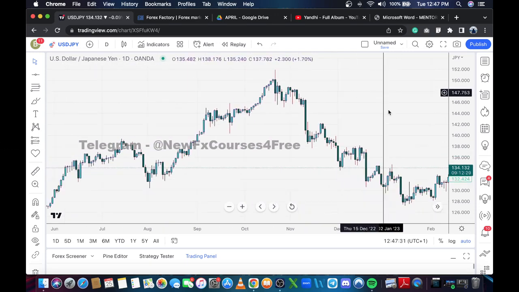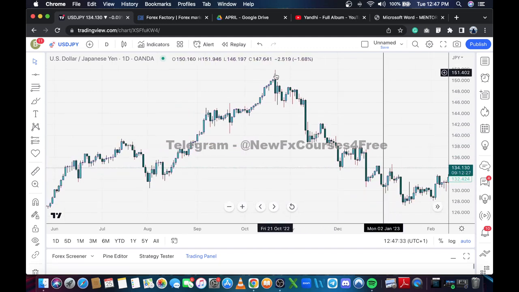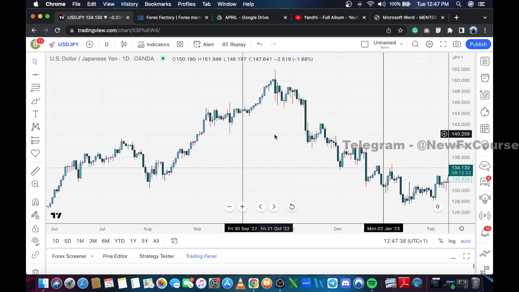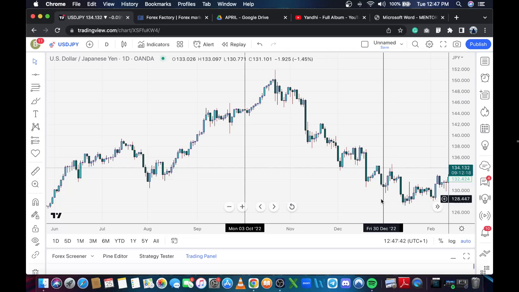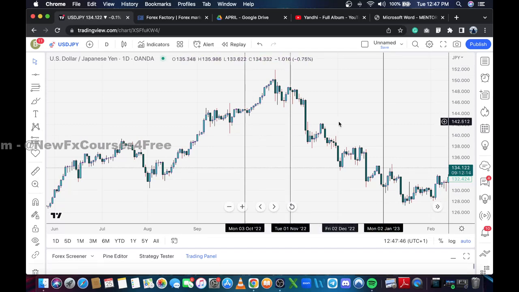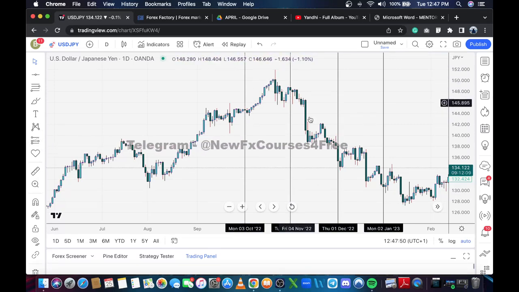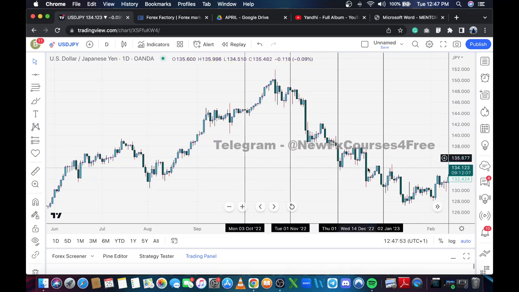I just decided to select this example. This is the month of October, and between October going into January, we have 3 months. You can see we had a major shift in delivery in the last quarter of 2022.